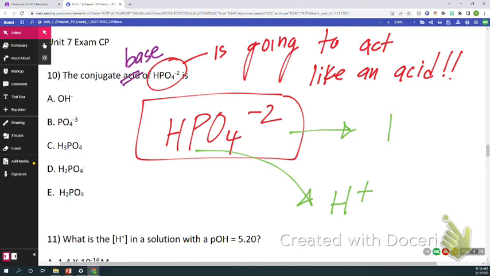So it's going to be PO4. And you're going to lose a positive, so it's not negative 2 now, you're going to become more negative. It's going to be negative 3. Choice B. Okay, that's if I change that acid word to base.